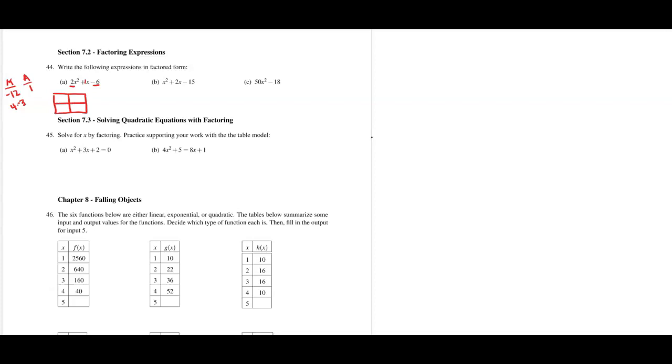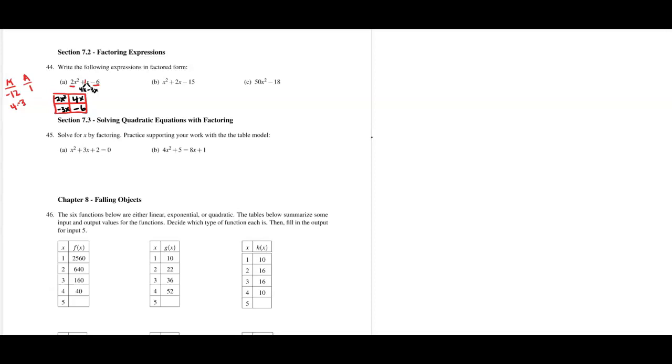So the 2x squared goes in the first box, then we're going to have a 4x and a negative 3x, because we rewrote that 1x. So we'll have 4x and negative 3x, and then we have negative 6.